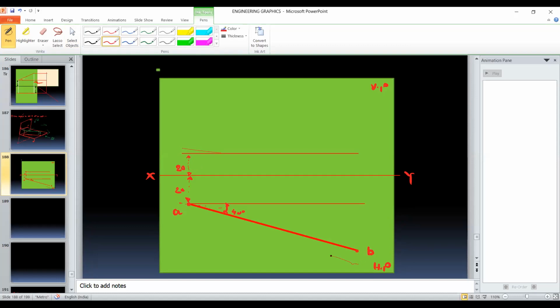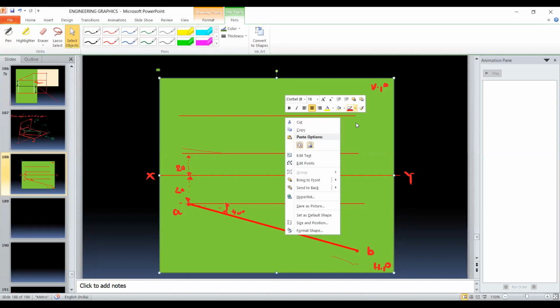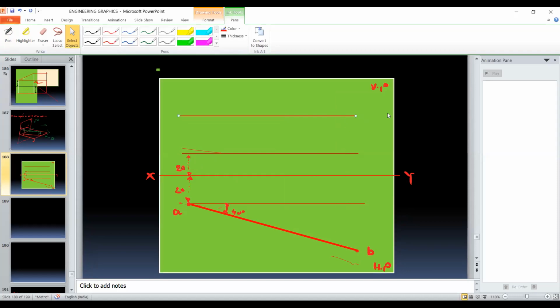Now to complete the front view, just take the projections from the top view. Take the projection from point A in the front view, and similarly take the projection from point B. Then complete the front view on this horizontal line which is at a distance of 20 mm.